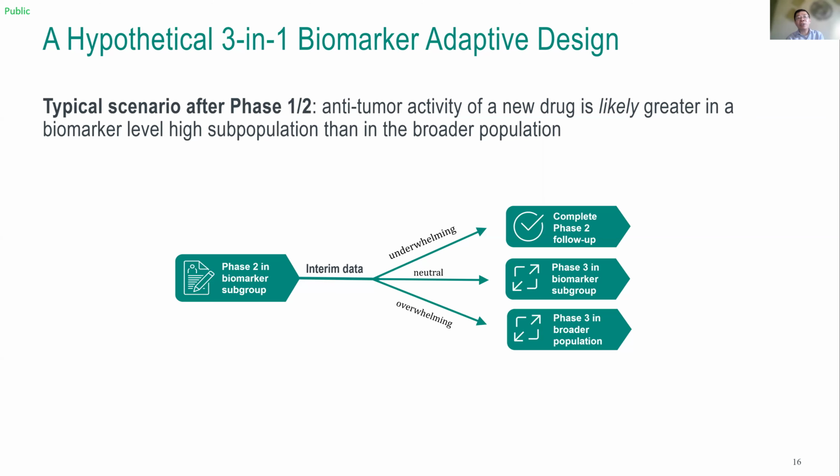Those complex features can all be applied seamlessly to this design, because after all, this design only adds a simple analysis that drives whether to continue the trial as phase 2 or to switch to phase 3. Once again, once it's switched to phase 3, you can do all sorts of things that you want. So that's why it's really very flexible, and again, it's compliant with our conventional practice in terms of designing phase 3 trials. Thank you.